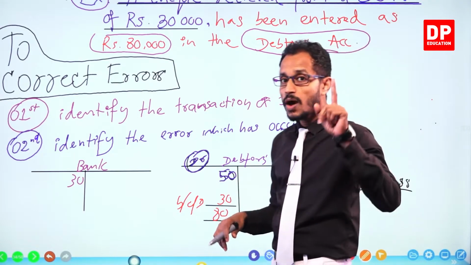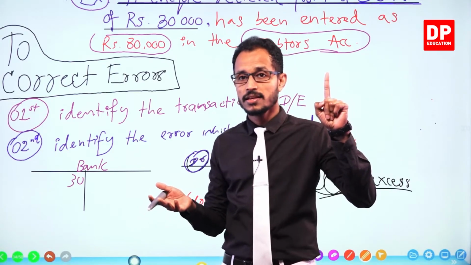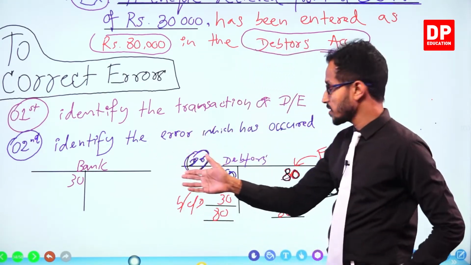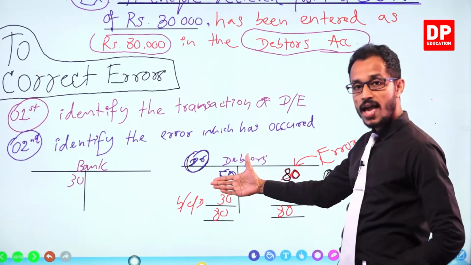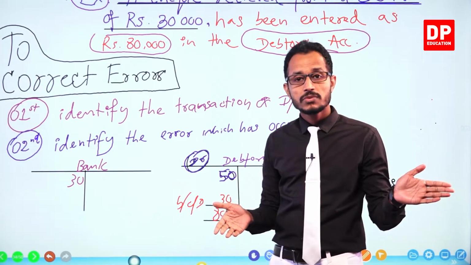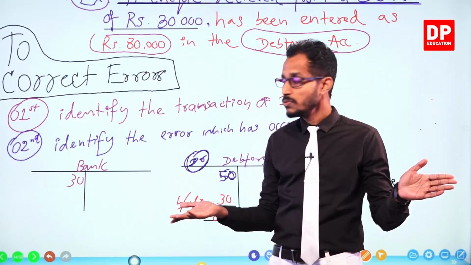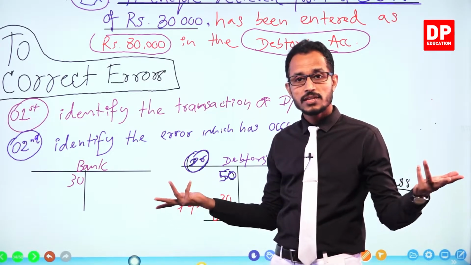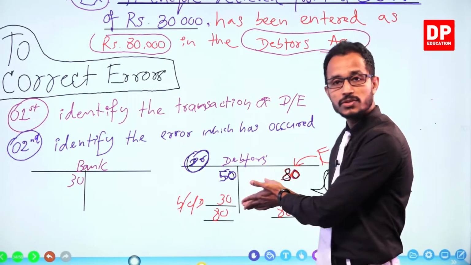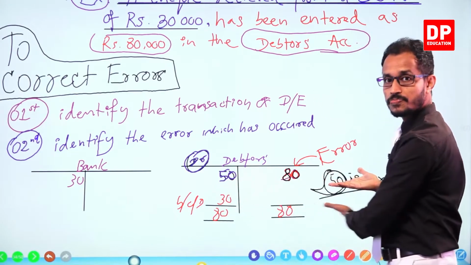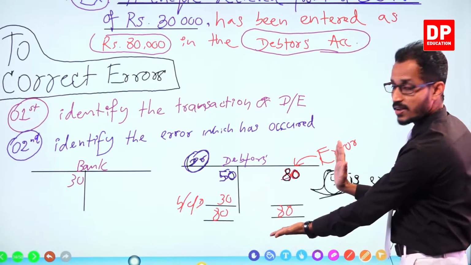But that is only one. Where is the other entry? You debit the debtors account 50. Credit which account? There's no account to credit, because only in this account you had the error.